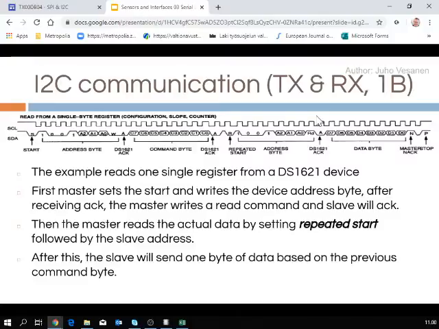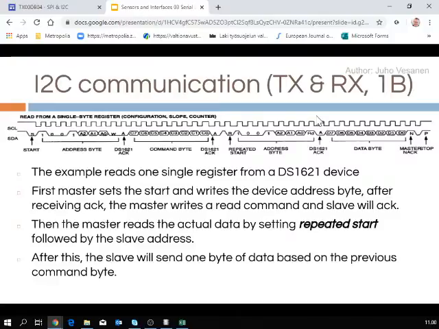If there's receive and transmit at the same burst, basically what you would do in the middle is restart the transmission. So there's a start, address, followed by the read or write bit, or actually it's always write, with the command byte, then acknowledgement.